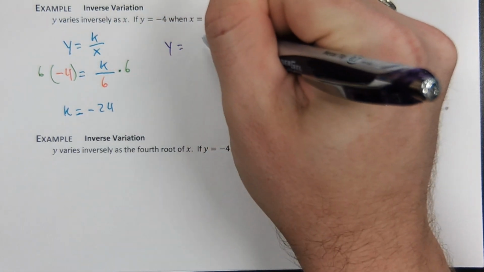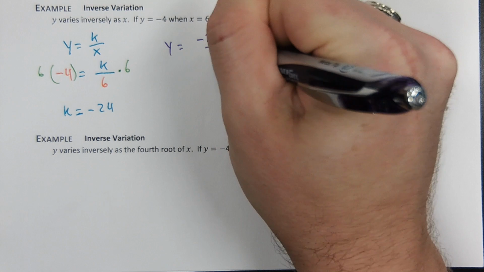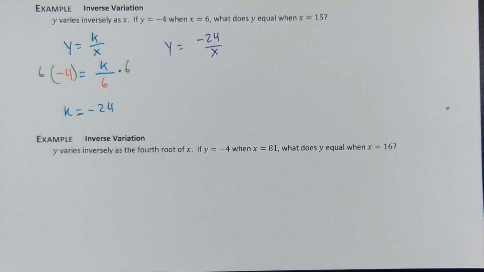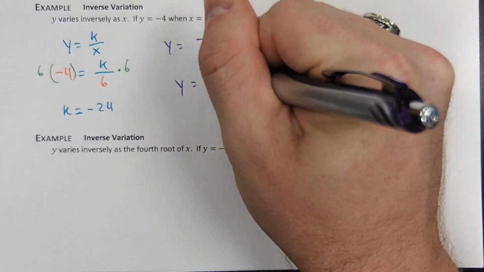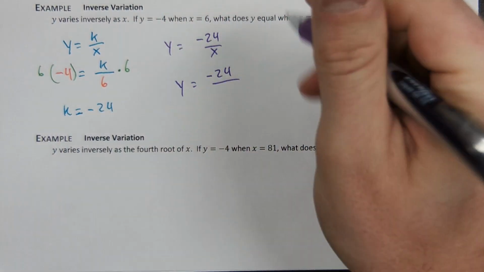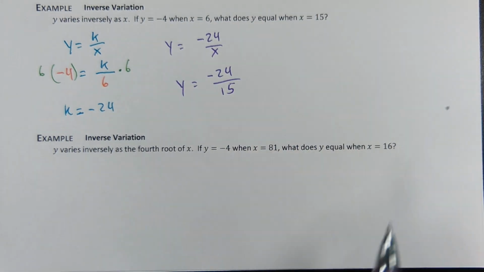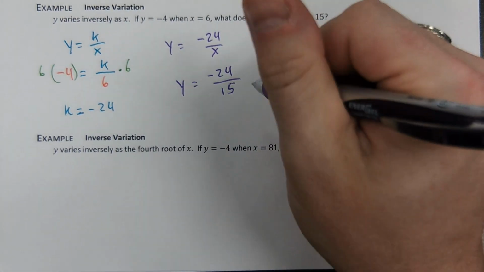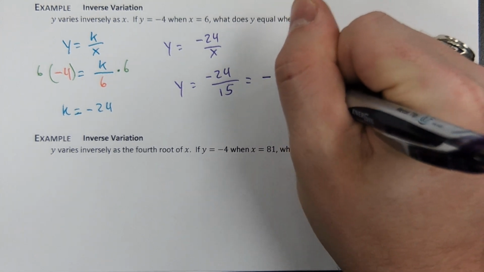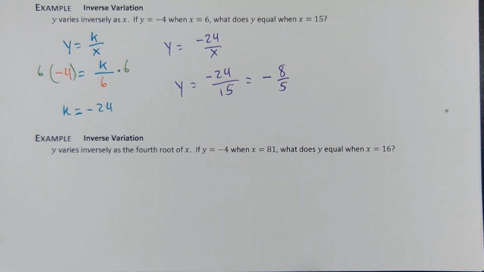Y equals -24 over x. Substitute in x equals 15, simplify your fraction, and you know what y is. I can divide both those numbers by 3. Done.